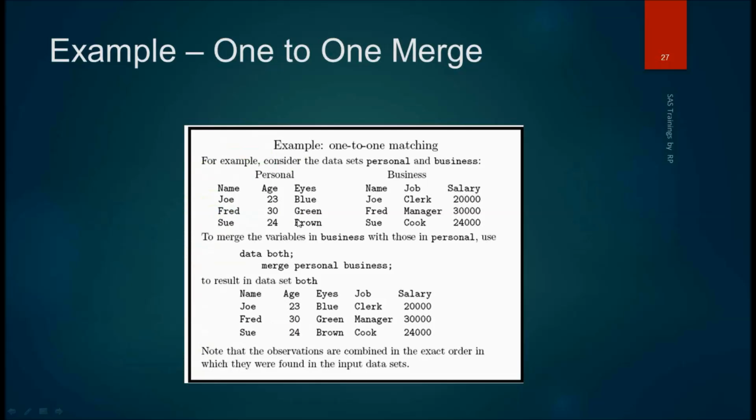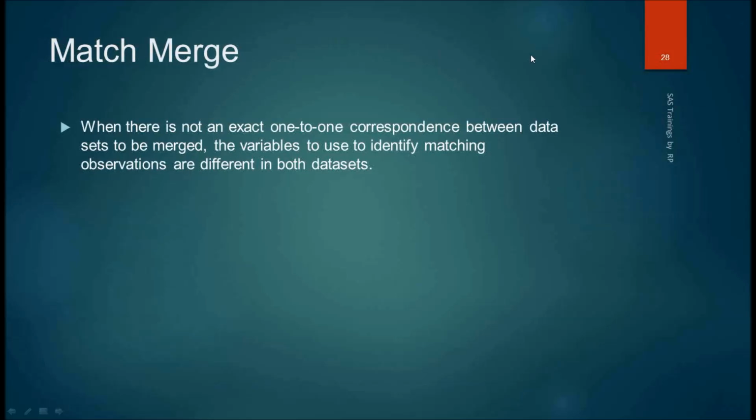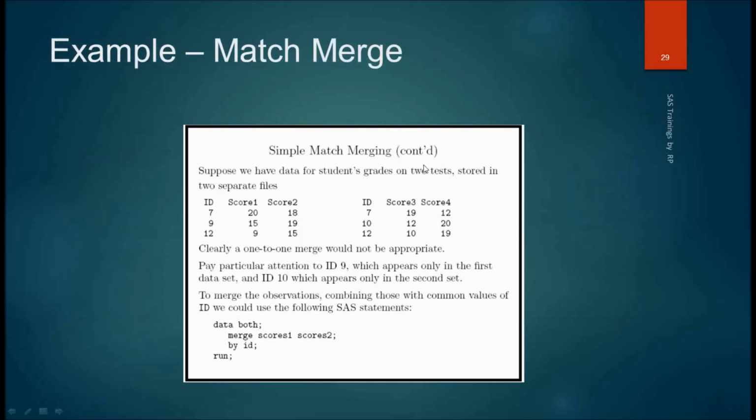So coming to the presentation, match merge is used when there is not an exact one-to-one correlation between the datasets. If you see the match merge example here, there are two datasets called grade 1 and grade 2. In the grade 1 dataset, we have a common variable called ID present in both datasets.